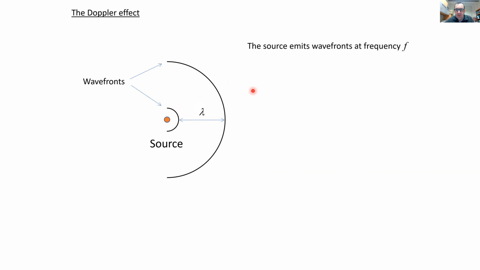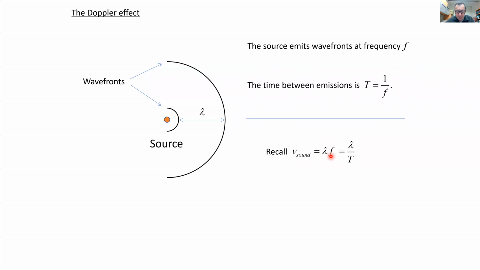Right, let's say that this source emits wavefronts at a frequency f. That means that the time between the emissions is the period, so that's 1 over the frequency. Okay, remember that the speed of sound equals wavelength times frequency. And since the period is 1 over the frequency, I can replace the frequency with 1 over the period.